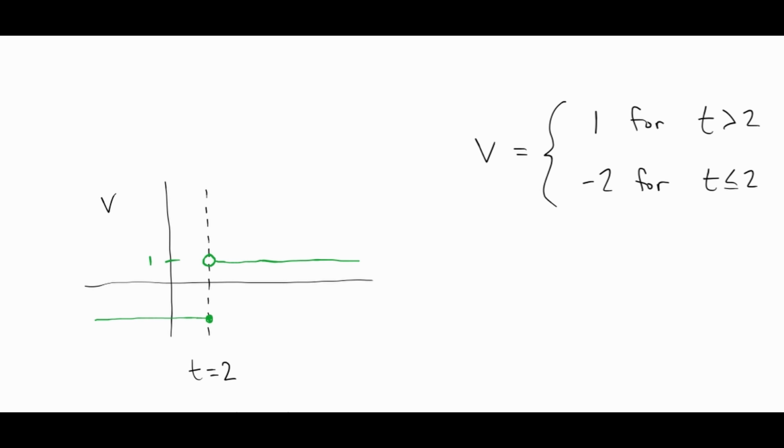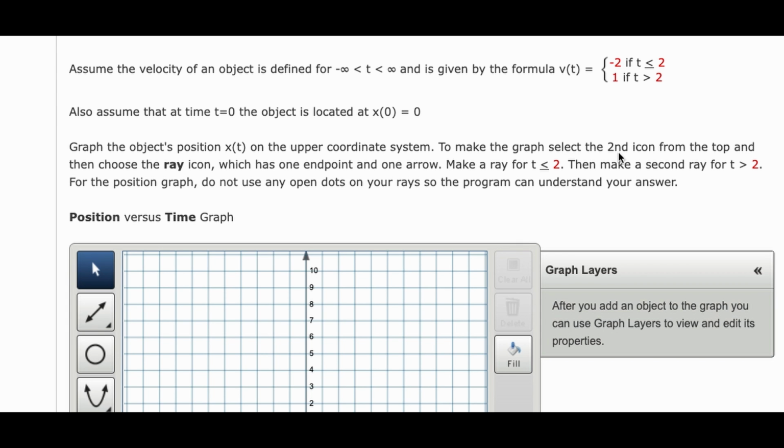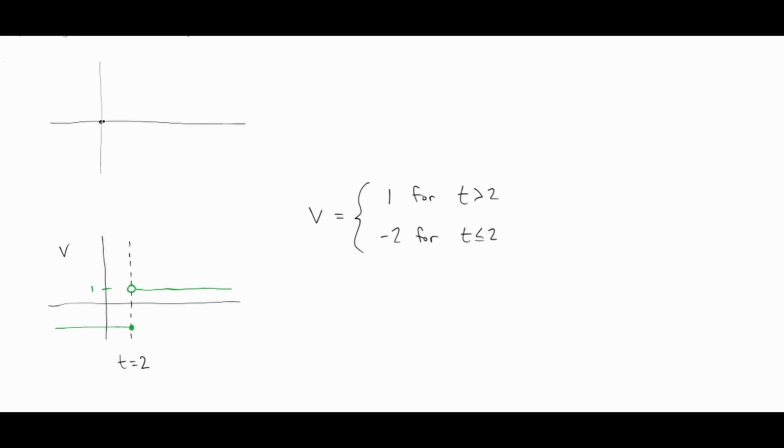We want to plot the position function that goes along with this graph now. Do they give us any more information? They say, assume that, at t equals 0, the object is located at the origin. You always have to have some kind of initial condition given in order to plot your antiderivative. Now, we want it to have a negative slope for this region, and a positive slope beyond that.